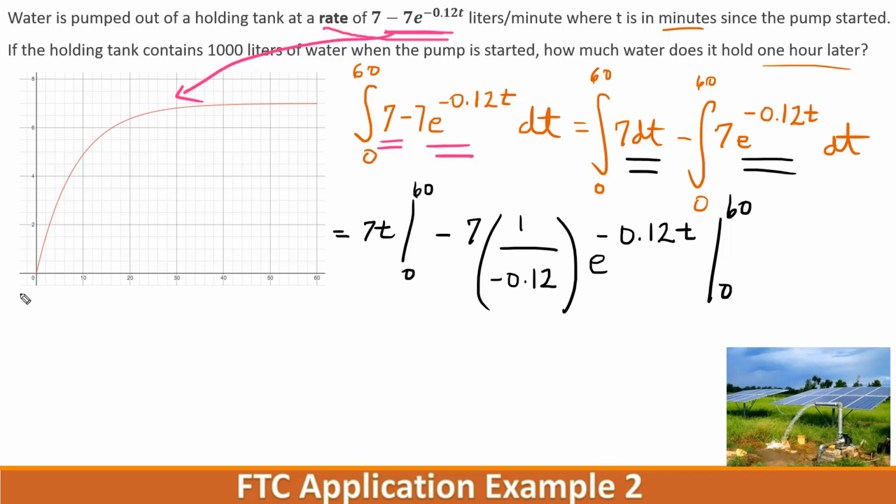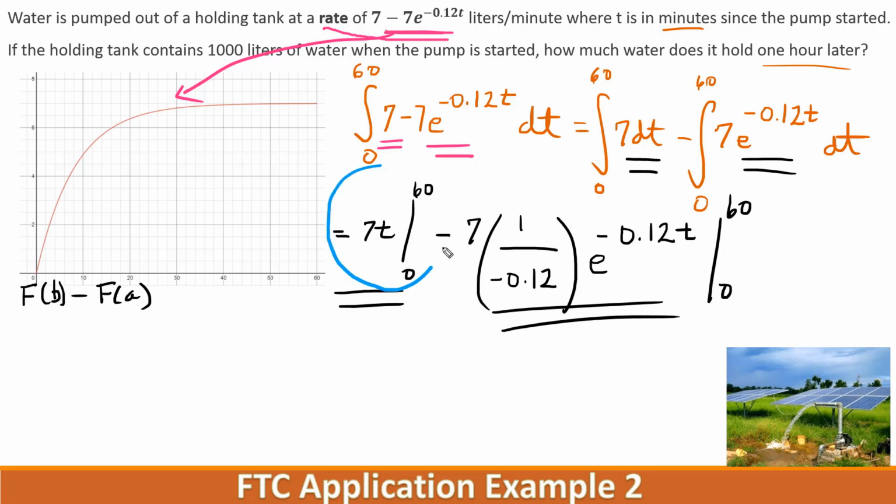All right, now I'm ready to use my whole f of b minus f of a, but I have two groups to do it in. So my first group here is going to be 7 times 60, that's my upper value, minus my lower value, 7 times 0.